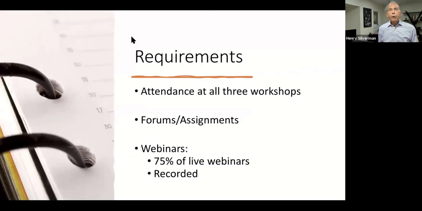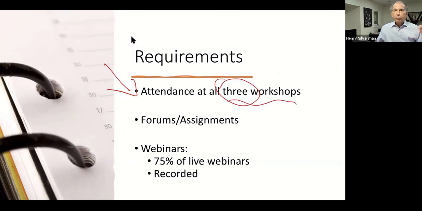So the requirements to be successful in this program consist of attendance at all 3 workshops. If you're entering the program in the second block, then essentially attendance at the relevant workshops that you have signed up for.